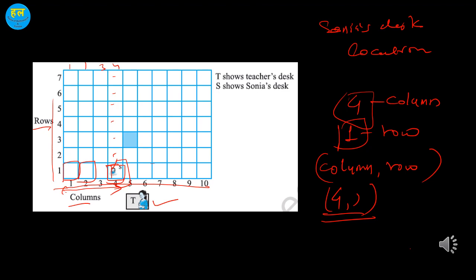So from the above examples we can clearly see that the position of any object lying on a plane can be represented with the help of two perpendicular lines. In case of a dot, we require the distance of the dot from the bottom line as well as from the left edge of the paper. In case of a seating plan, we require the number of the column and that of the row.